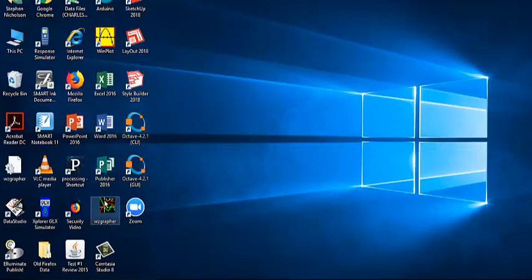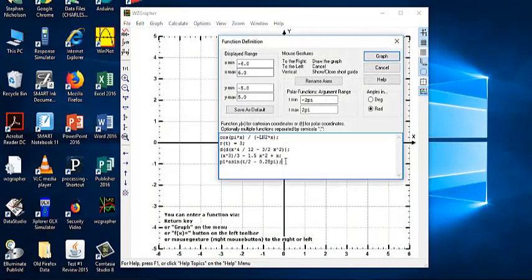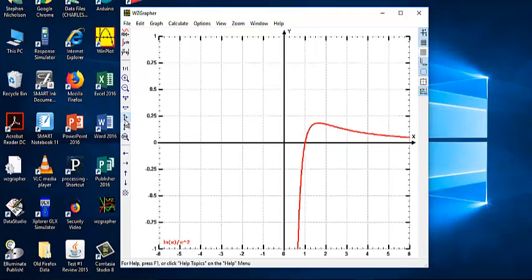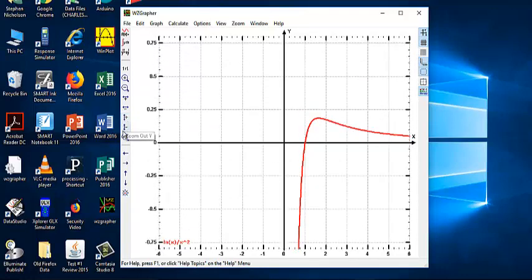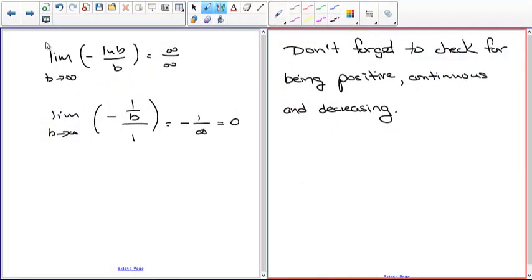So if we plot the function using our graphing program, the natural log of x divided by x squared, so that's what it looks like. And if I zoom out in the x direction, you can see it's positive, it's continuous, and it's decreasing. So it does satisfy those requirements.